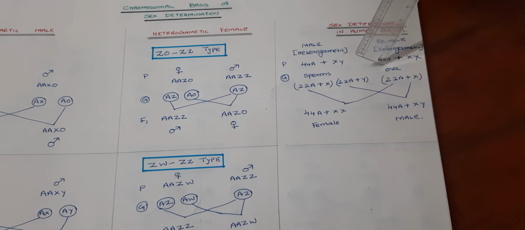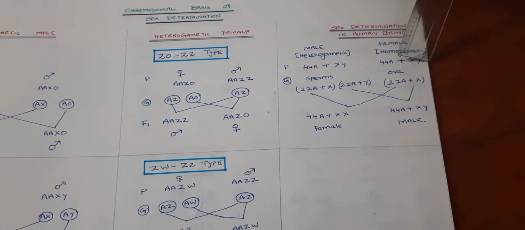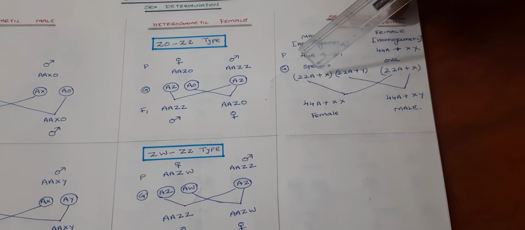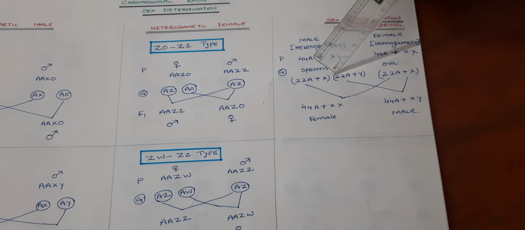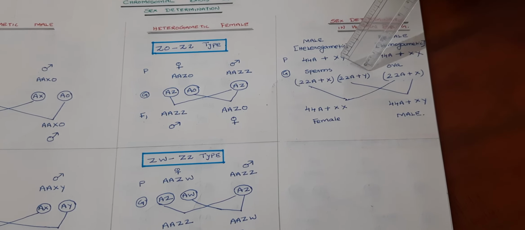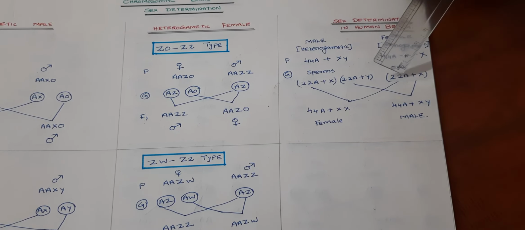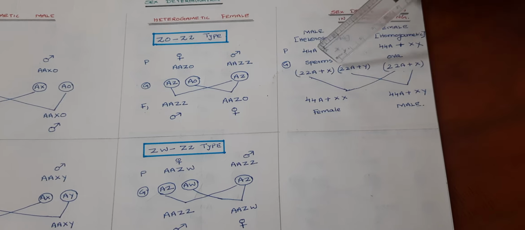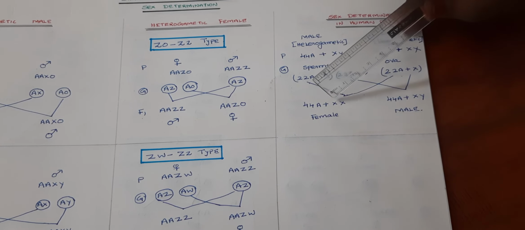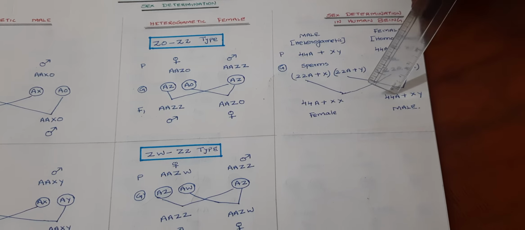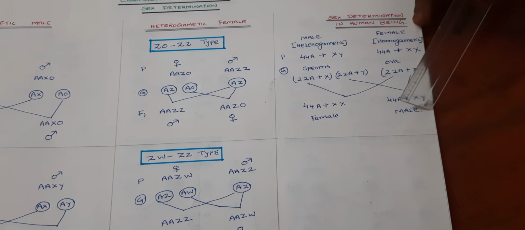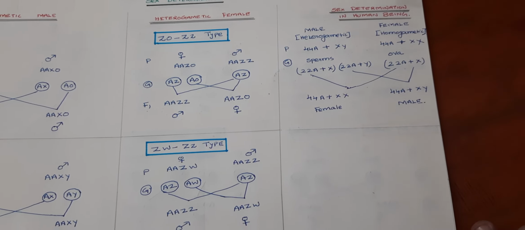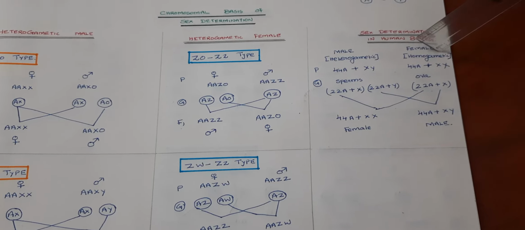In the same way, female has 44 autosomes and XX. The male produces sperm, 22A plus X, one type of gamete, and 22A plus Y, another type of gamete. The female, being homogametic, produces 22A plus X only. All these combine to form 44A plus XX female and 44A plus XY male. In this way, through chromosomes, sex is determined in human beings.